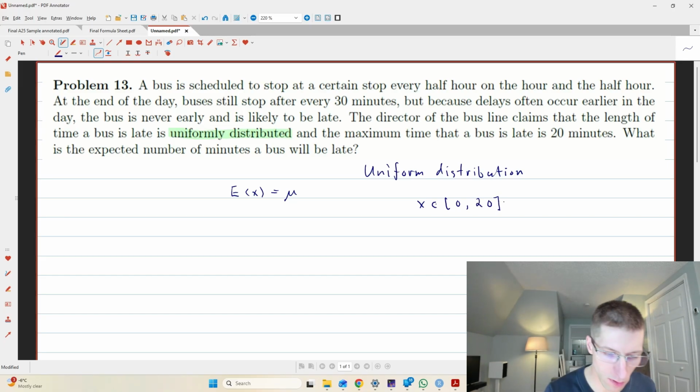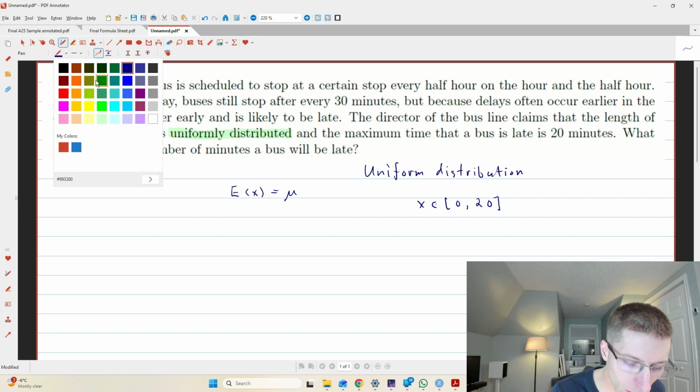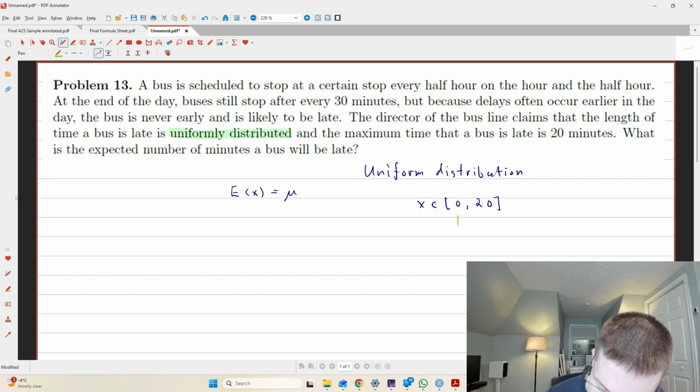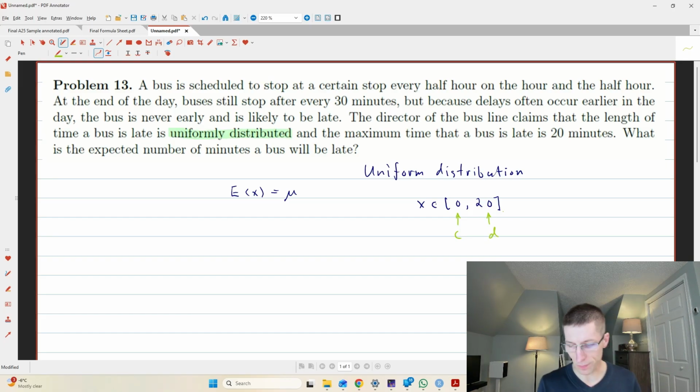You might remember that the upper and lower bounds that X assumes in a uniform random variable are denoted c and d. And we just want the mean or expected value for that distribution.